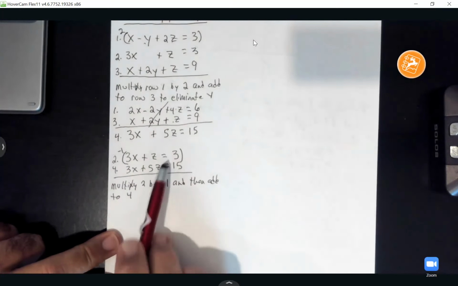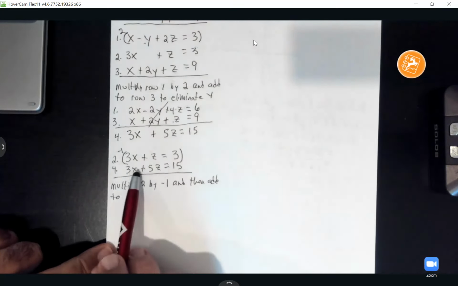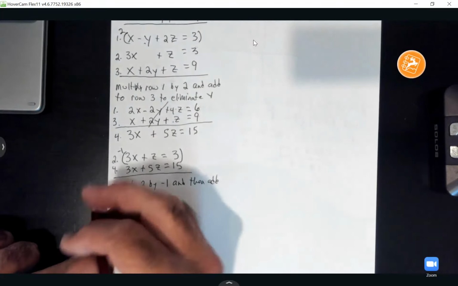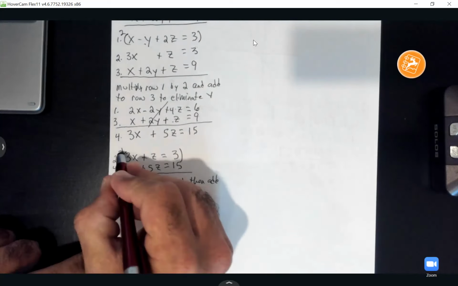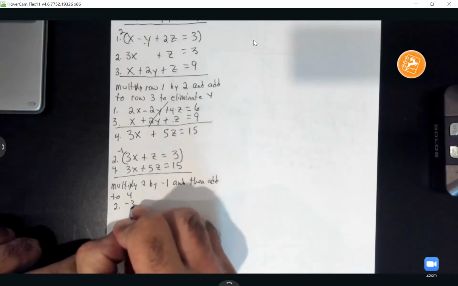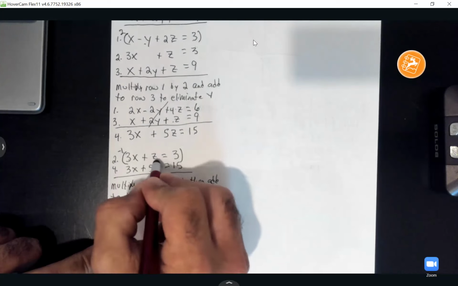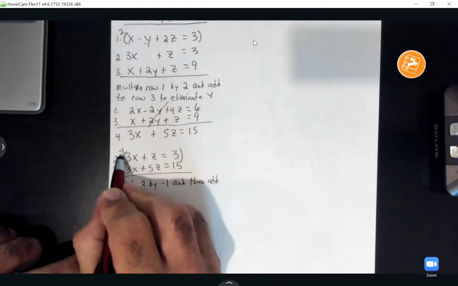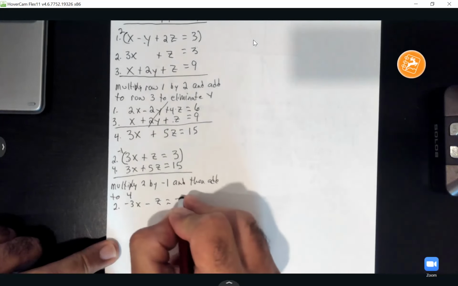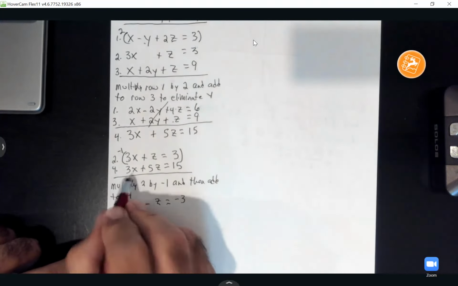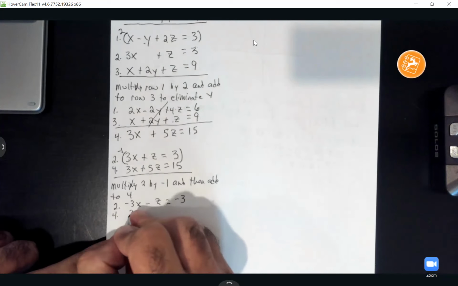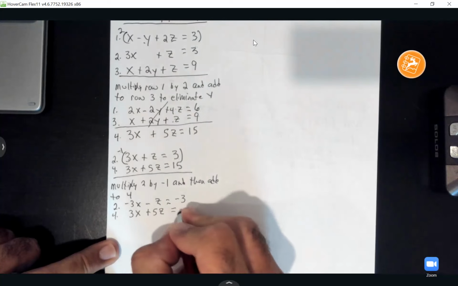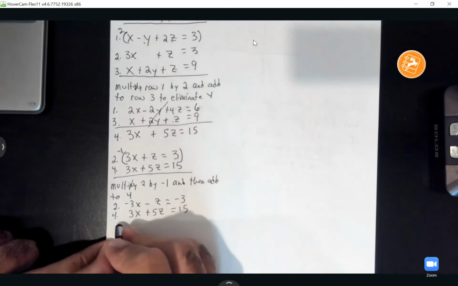Now, it doesn't matter which one you multiply by negative 1 because they're going to cancel using either row, okay? So watch this. Here comes my new row 2. Negative 1 times 3x is a negative 3x. Negative 1 times z is a negative z. That's going to equal negative 1 times 3, which is a negative 3. Bring down row 4, which was 3x plus 5z equals 15.